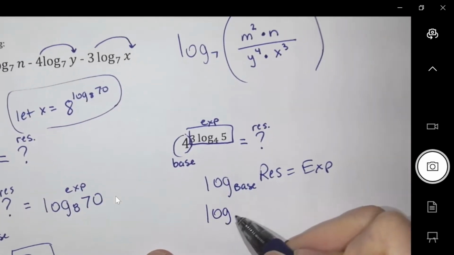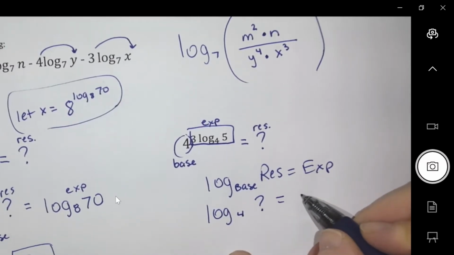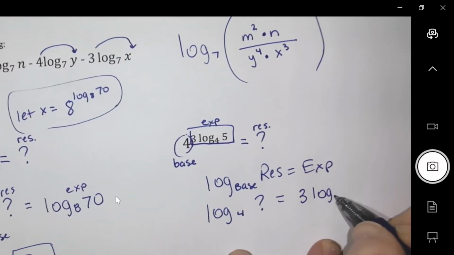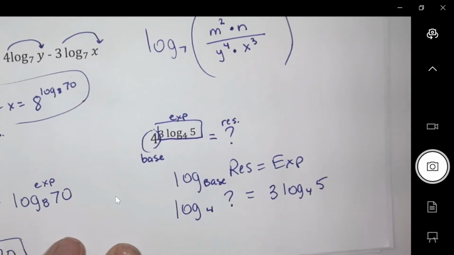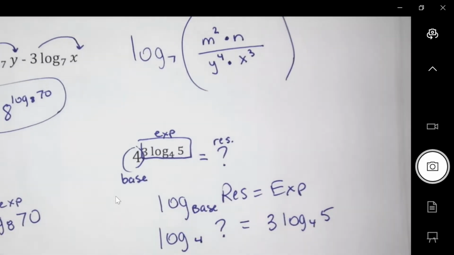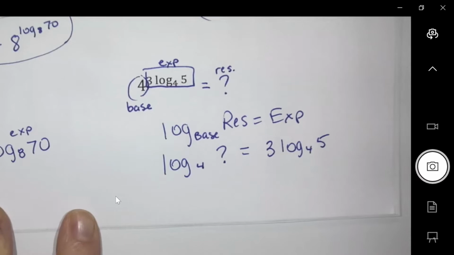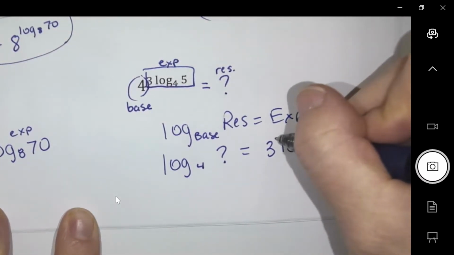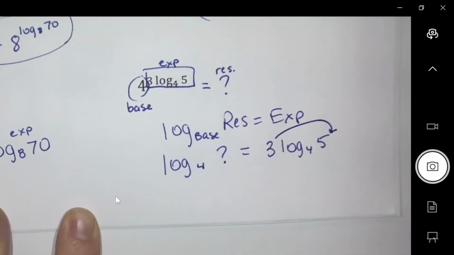So log 4 of question mark equals 3 log 4 of 5. Okay. Now what I want to do is I want to change this using my rules that I just learned.